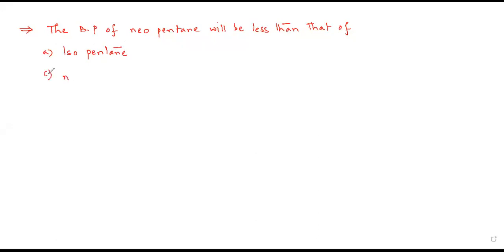Isopentane, N-pentane, N-butane, and N-hexane. Okay, let us see. The question is, the boiling point of neopentane will be less than that of. So you have to check for those which have got more boiling point than neopentane.